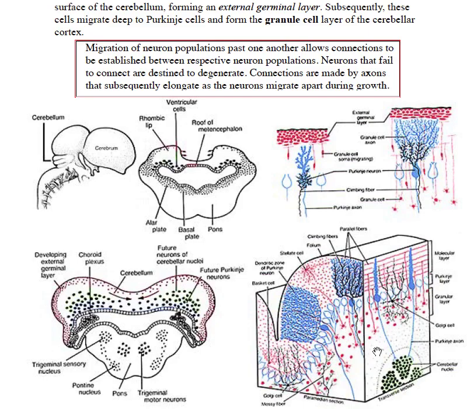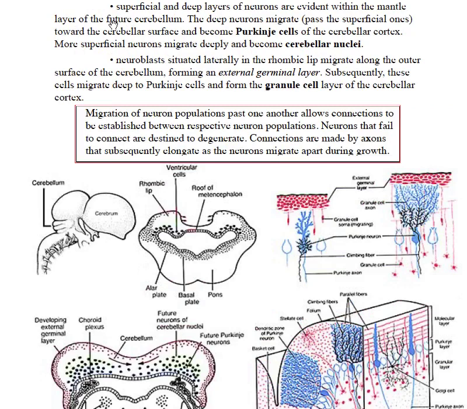The gray matter of the cerebellum is going to come from the mantle layer, that is, the cells that are surrounding the fourth ventricle in this case. And what we see is, first of all, superficial and deep cells that you see here in the rhombic lips. And these are going to give rise to the Purkinje cells and the neurons of the deep nuclei.